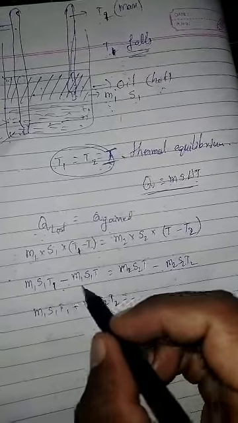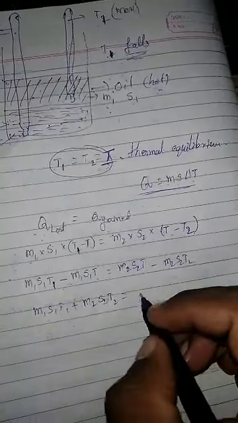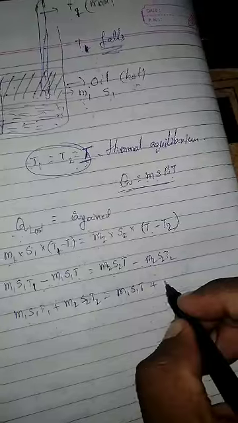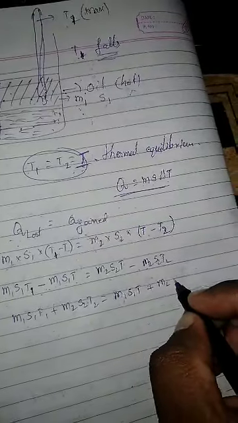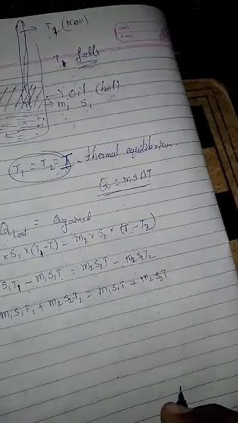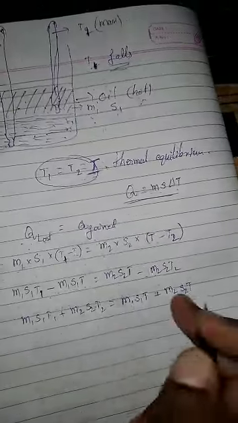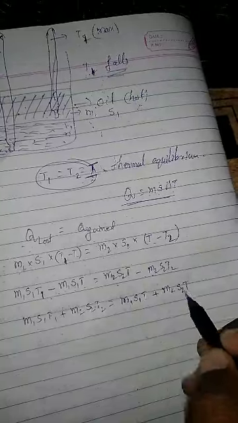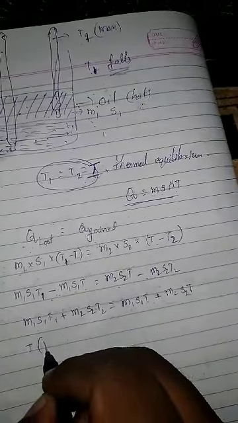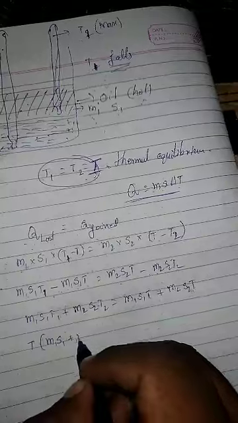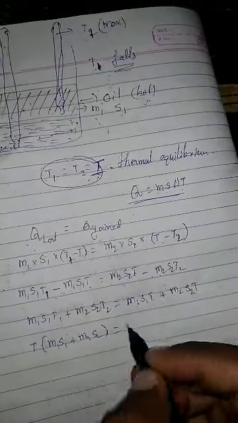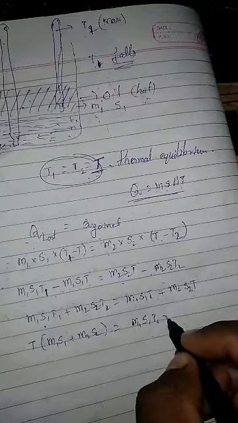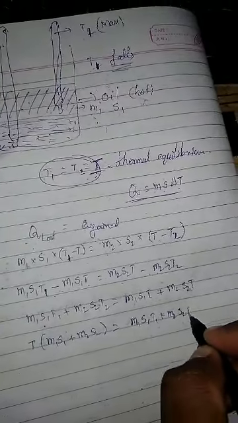And the LHS negative term minus M1 S1 T, transposing the side, is plus M1 S1 T, plus there is already a positive term M2 S2 T. Taking capital T common on one side, we have M1 S1 plus M2 S2, and on the other side M1 S1 T1 plus M2 S2 T2.